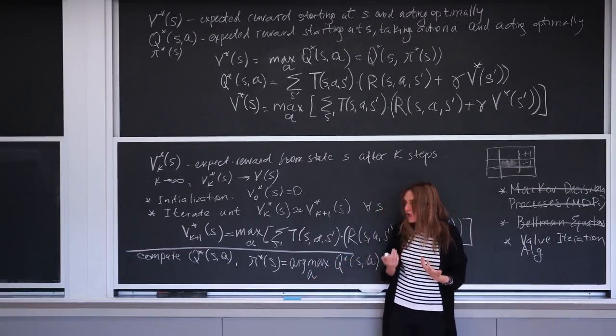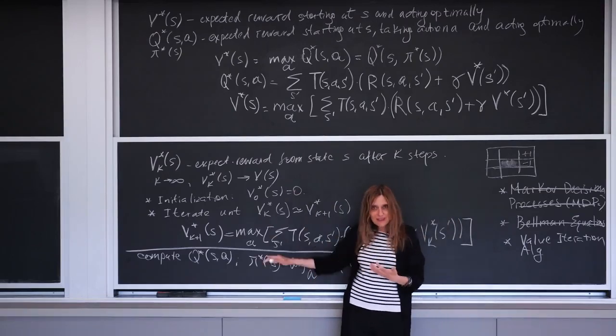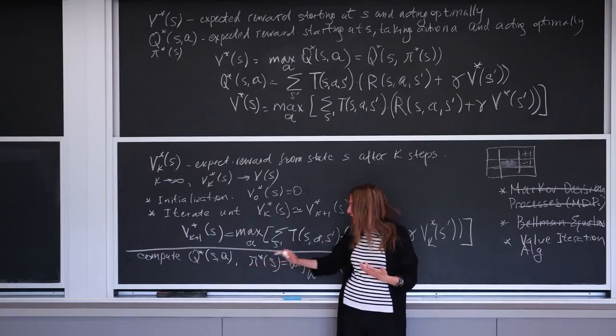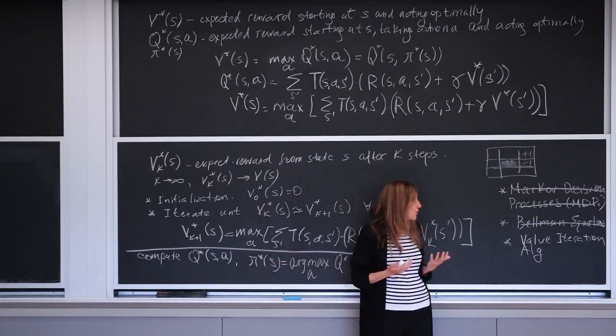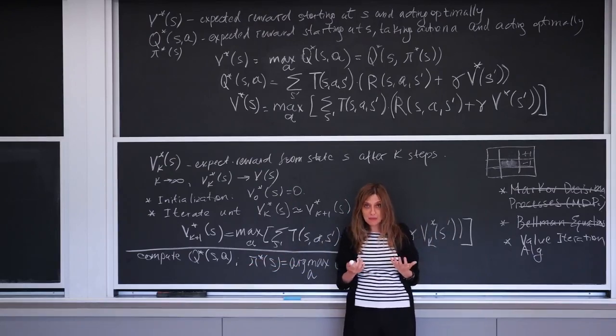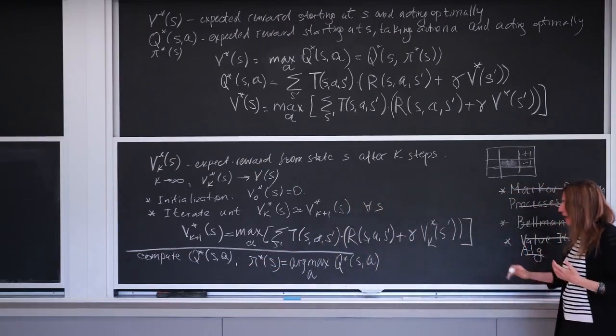So what I eventually got after this algorithm converged is that I computed the Q values and then I computed the policy. And now I know how to act in my MDP. So that's what we have done here.